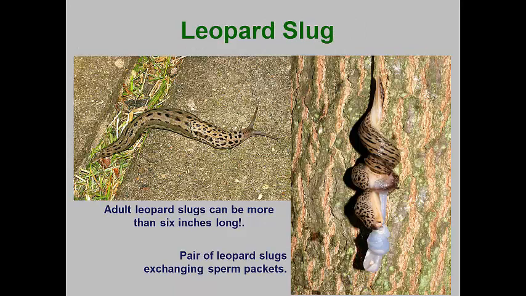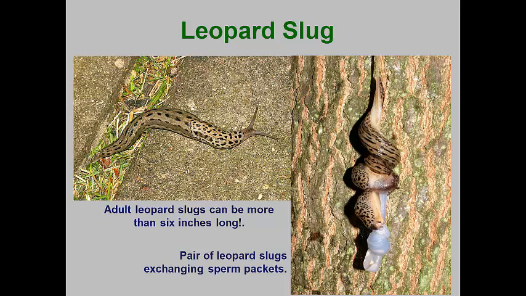The leopard slug is one of our largest slug species. It is well named as the light brown body is covered with black spots. This slug feeds on a wide range of decaying plant material and has been found feeding on dog feces at night. Yuck.